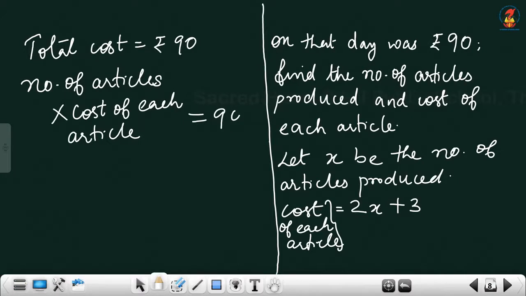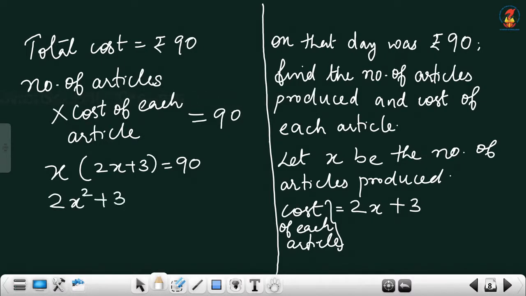That is equal to 90. That means x into 2x plus 3 is equal to 90. So, you can write this as 2x square plus 3x minus 90 equal to 0.